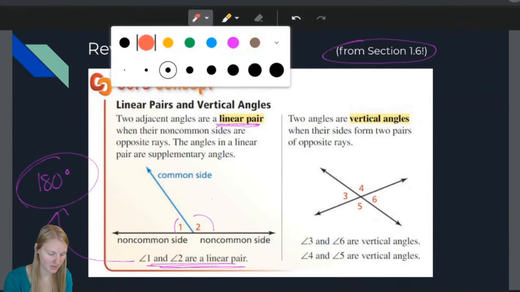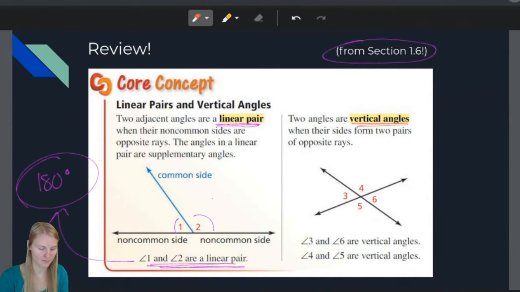And don't forget what vertical angles are. Vertical angles are formed by two intersecting lines, and it's the angles opposite each other. Angle 4 and angle 5 are vertical angles. And notice we have V's here. Angle 4 makes a V, angle 5 makes a V, but they're opposite. They're the exact same V, just flipped over. So angle 4 and angle 5 are vertical angles, and angle 3 and angle 6 are vertical angles because they are opposite each other.